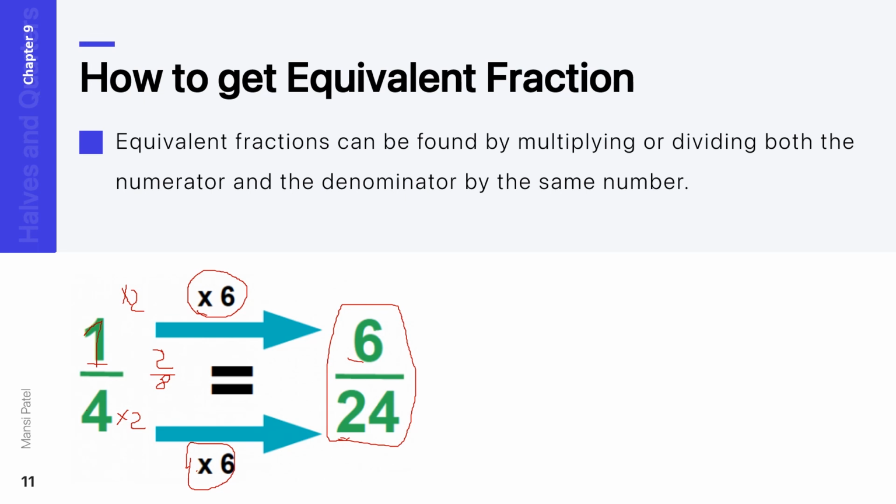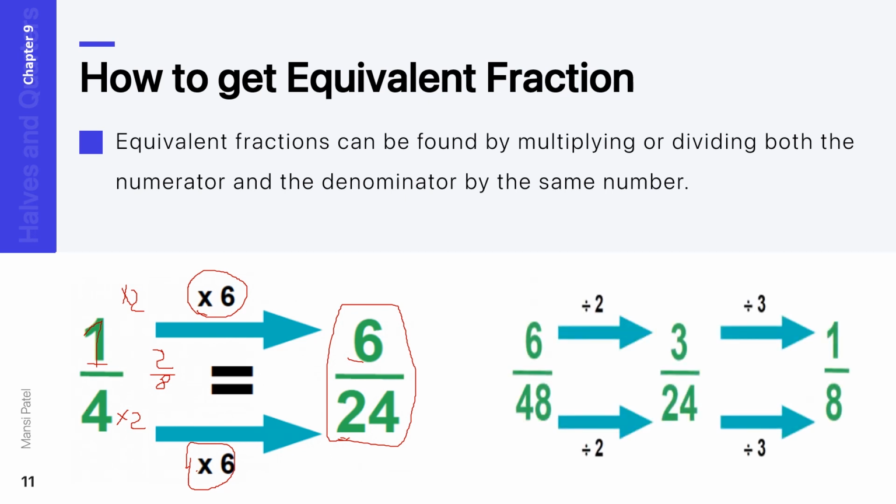But what if the given number is bigger and you have to find the equivalent fraction? If the given number is bigger, then you do division like multiplication. But one condition is that you have to divide the numerator as well as the denominator, and in both places the number should be the same.